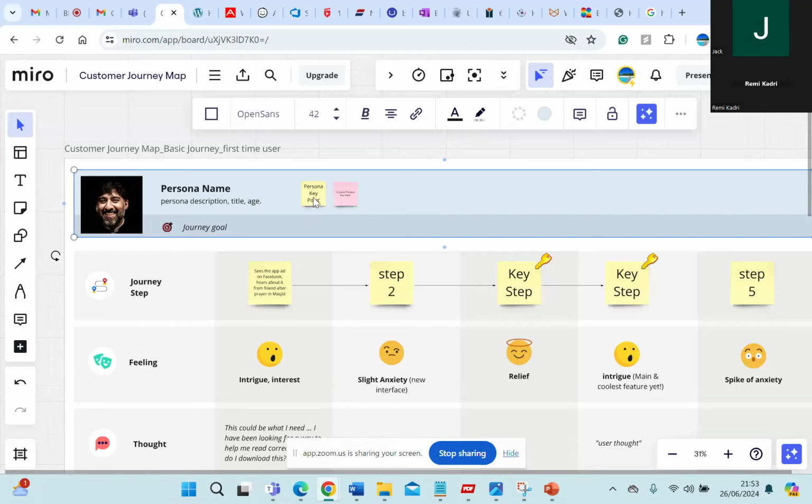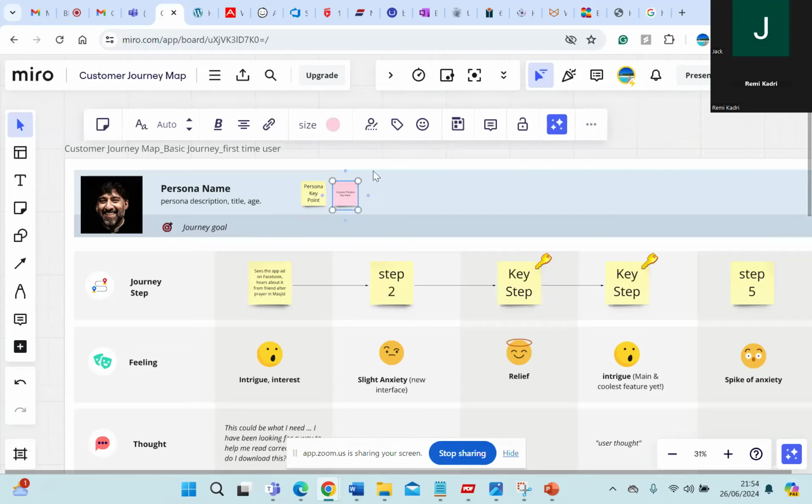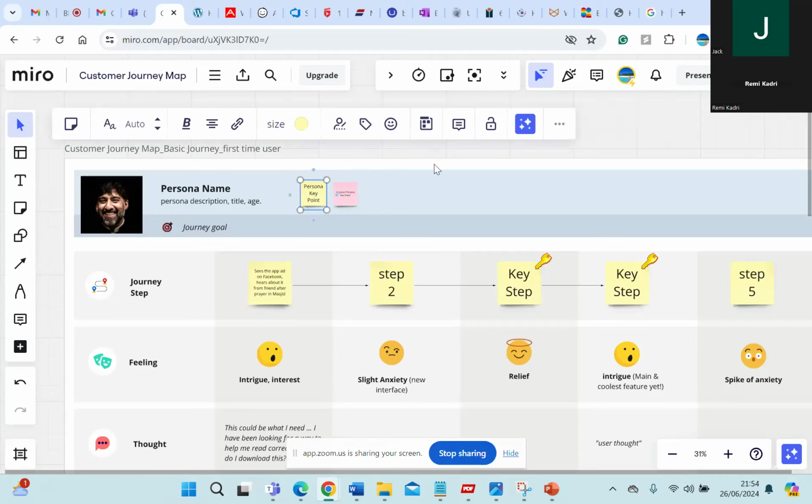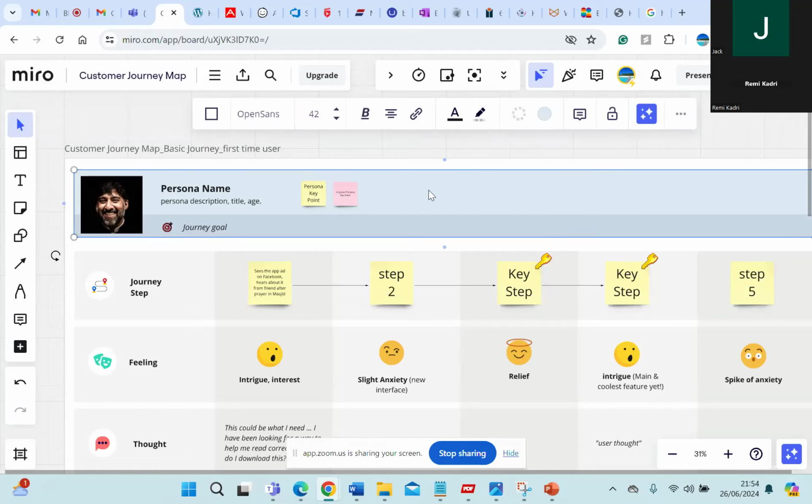So for example, a persona key point: if you're collaborating with people, different people are writing what the key points for the persona are. So it's very collaborative. Different people are writing and they'll put the different post-it notes.